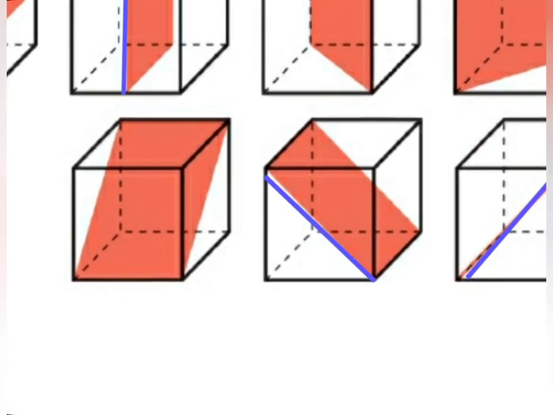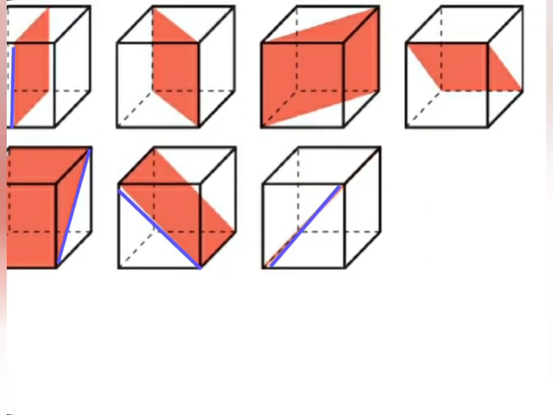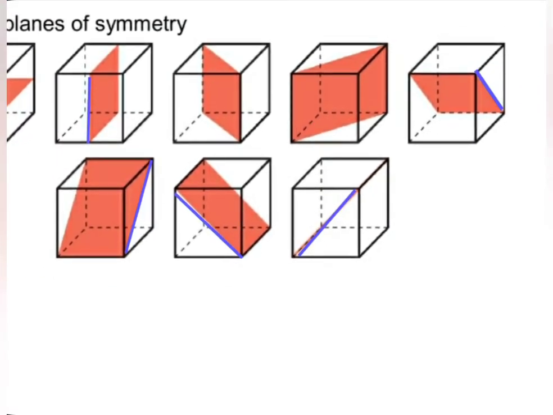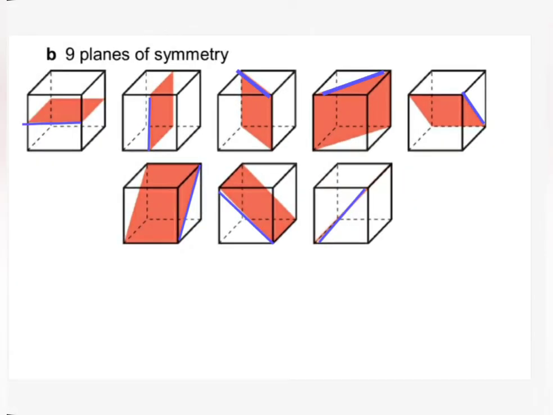Now the ones on the side, we have 1, 2, and then we have 2 on the top, 1, 2. These are 8.